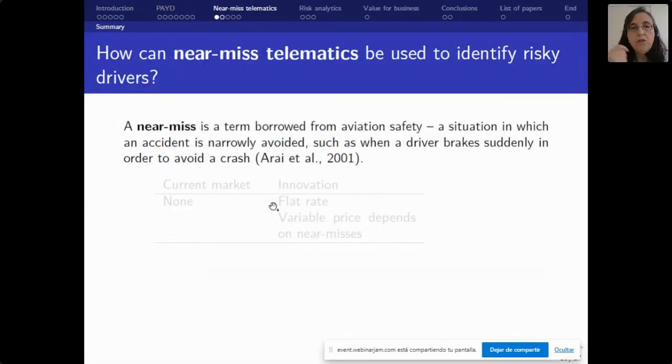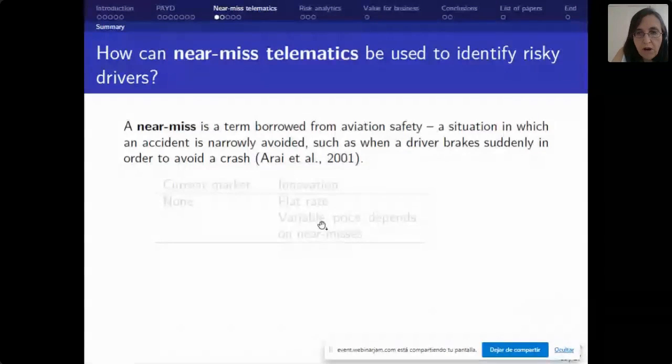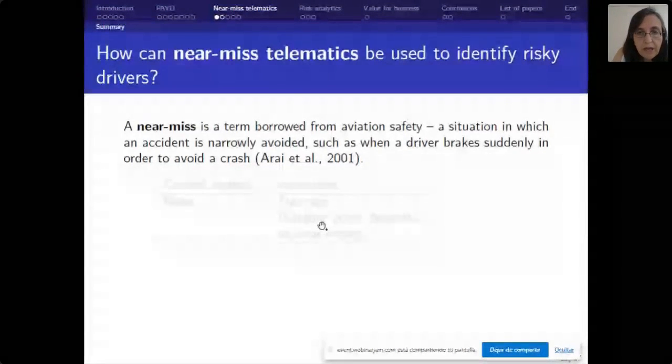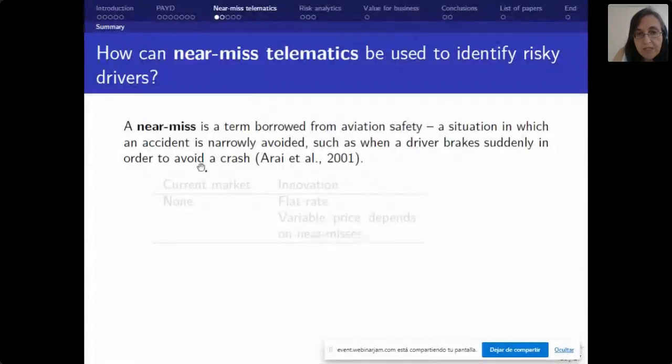The near miss is a term that is borrowed from aviation safety, and that's a situation in which an accident is narrowly avoided by an airplane. So we have just translated this concept into the regular driving context, and we have defined what we call the near misses.